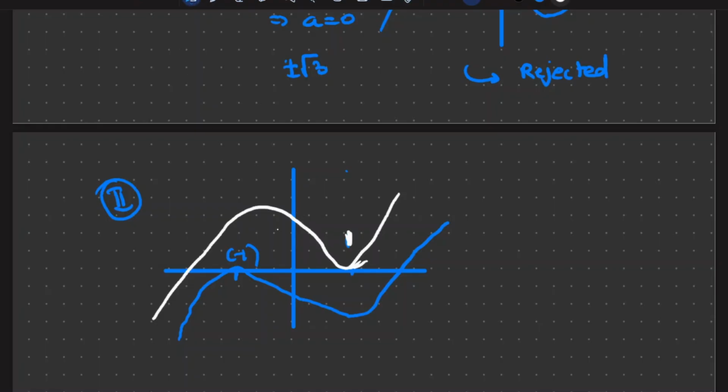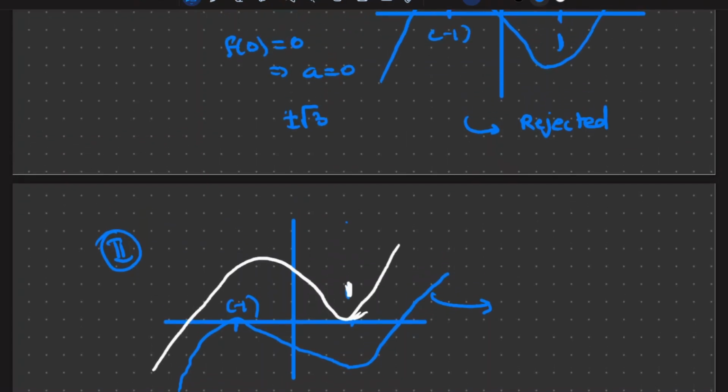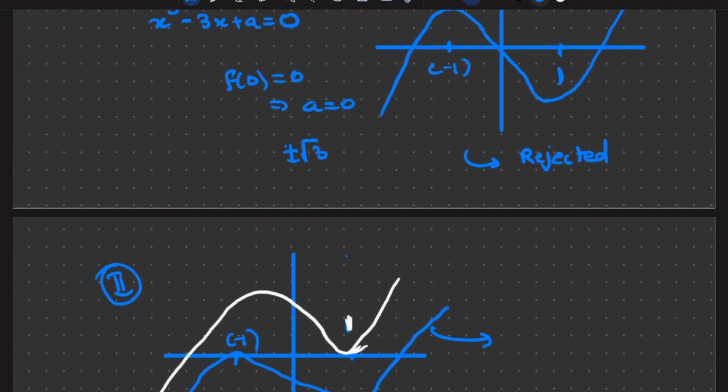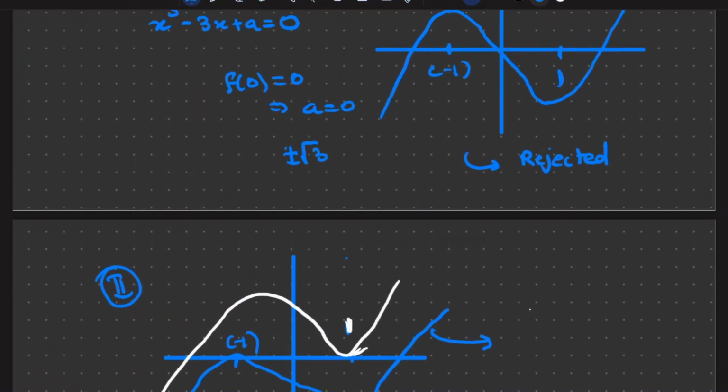From the blue case, I can infer that minus 1 is a root of this equation. So let us substitute and find the value of a. When we substitute, we get minus 1 plus 3, which is 2, plus a is equal to 0. From here we get a is equal to minus 2, right?